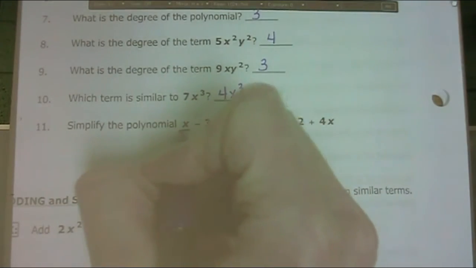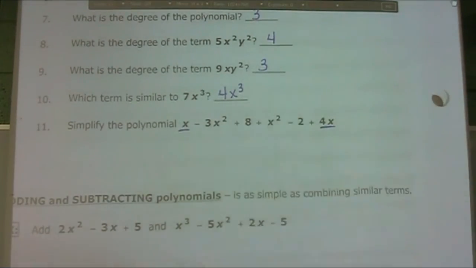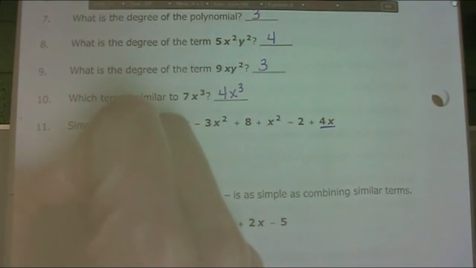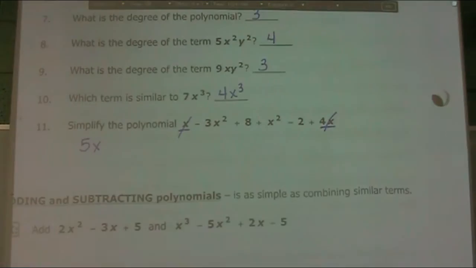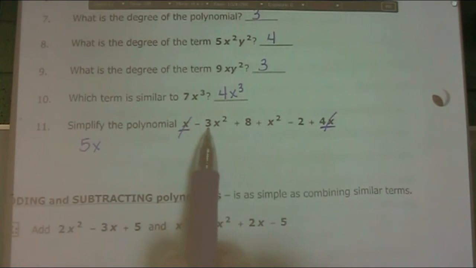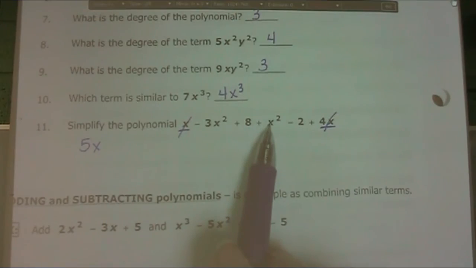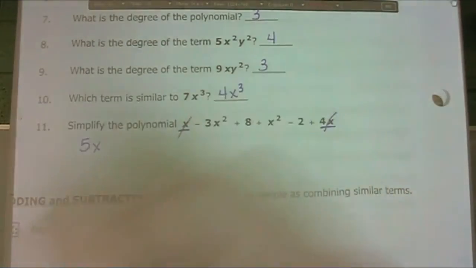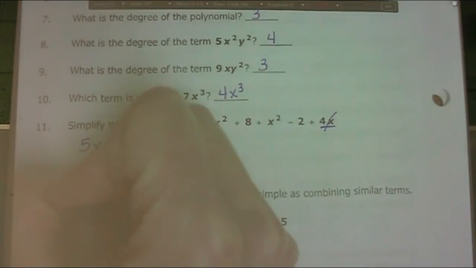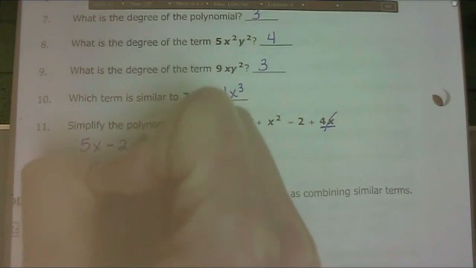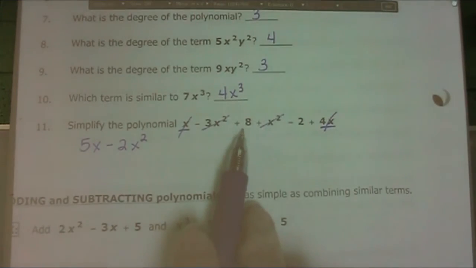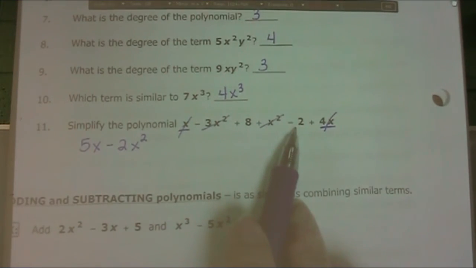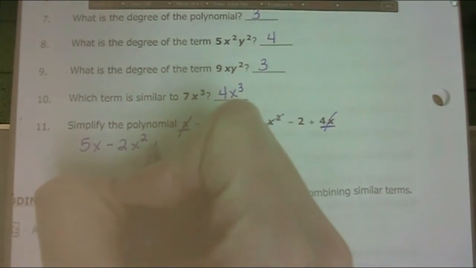I have an x here and a 4x here. That's going to give me 5x. And I'm going to cross them out since I used them now and I don't have to worry about them. I've got negative 3x squared and a positive x squared. That's going to give me negative 2x squared. So minus 2x squared. That's gone and that's gone. And I have a positive 8 and a negative 2. That gives me positive 6.